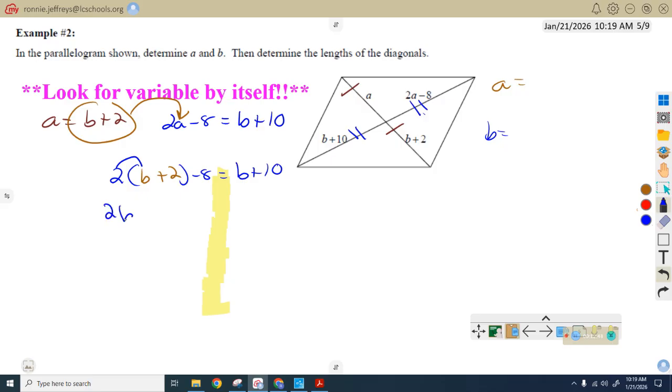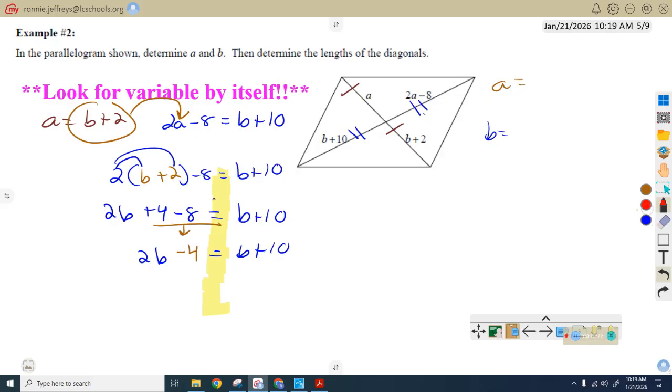Well, this is 2b, or not 2b. 4 minus 8, b plus 10. All right, so I've distributed. After I plug this in, I've distributed. Now remember, I've got to combine like terms on both sides. Well, this is the only one. Okay, so distributed, combine like terms on both sides.